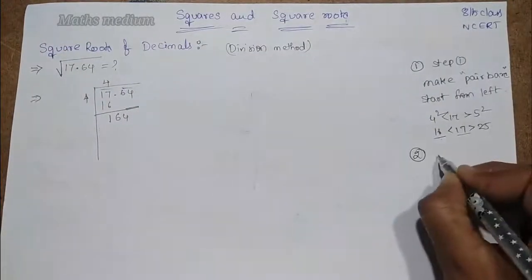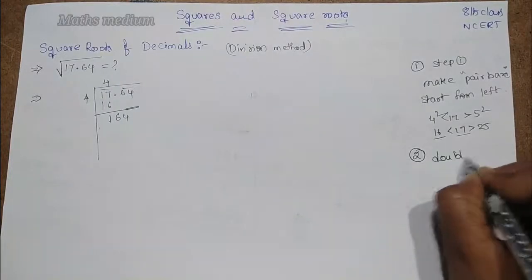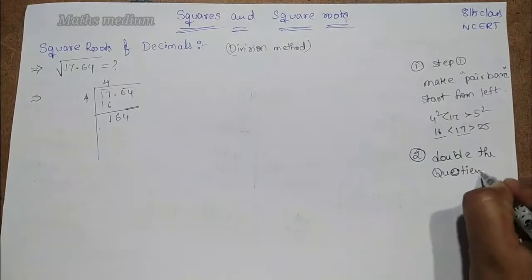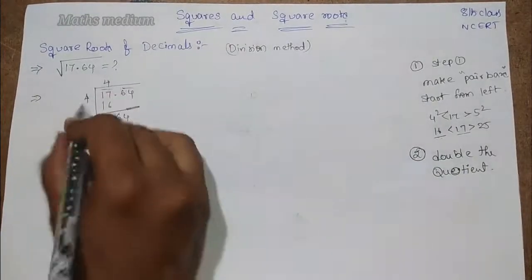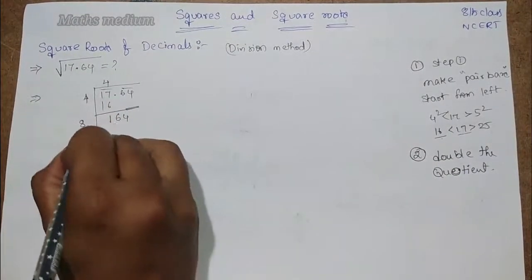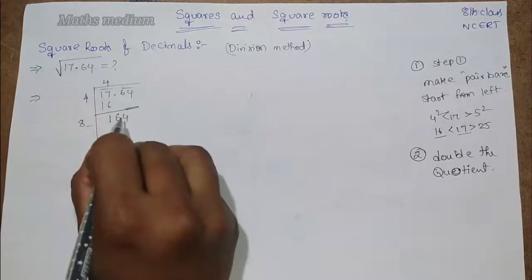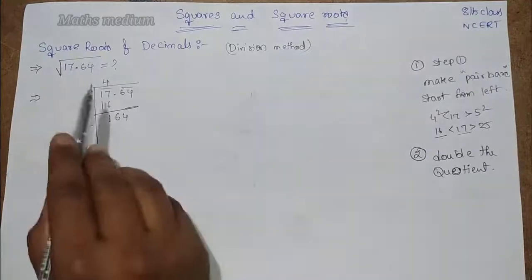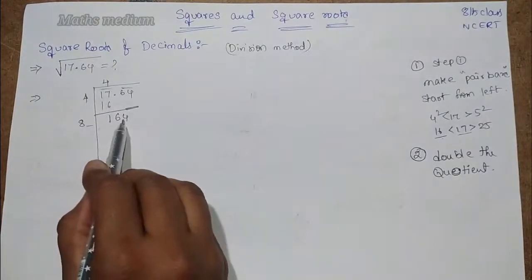Second step is double the quotient. Here 4, 4 2s are 8. Now leave the blank. Now 164 is divisible with one number, that is here and here also. Now what is the number here?